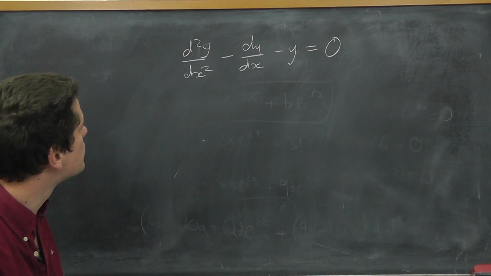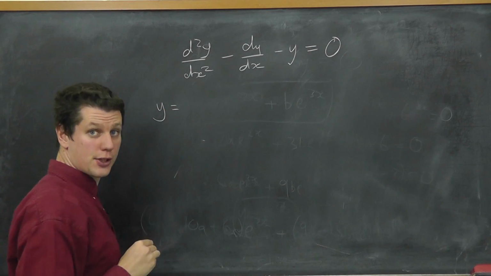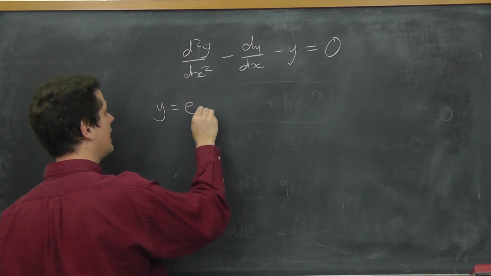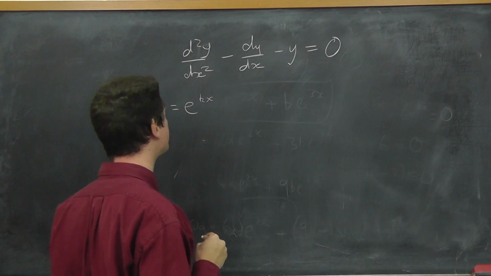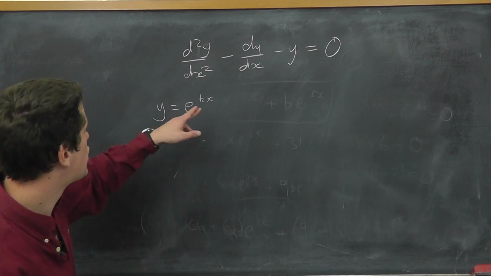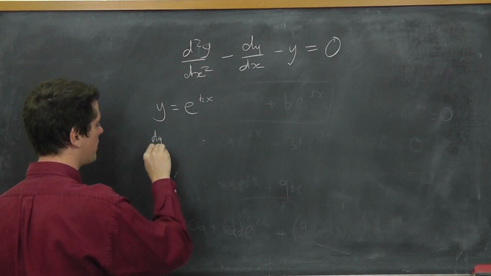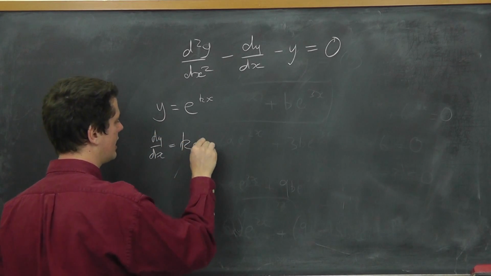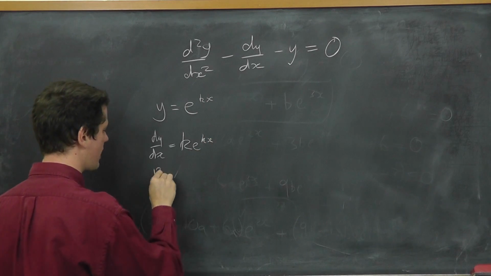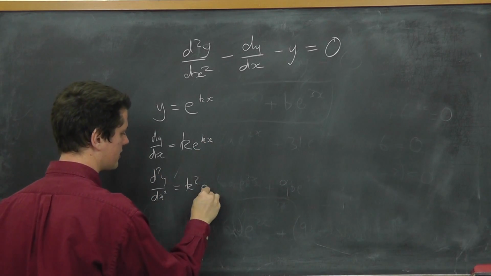What can we say about this one? Well, again, if we guess that the solution is an exponential, e to the kx, say, then we can form an equation to find out what k has to be. Again, of course, we get dy by dx equals k e to the kx, and d squared y by dx squared equals k squared e to the kx.